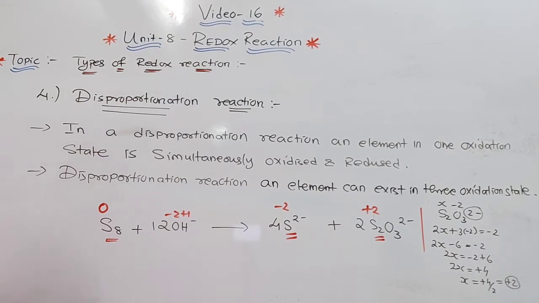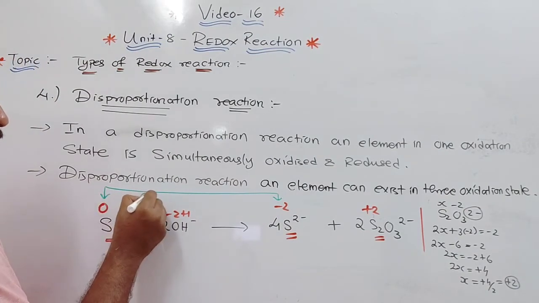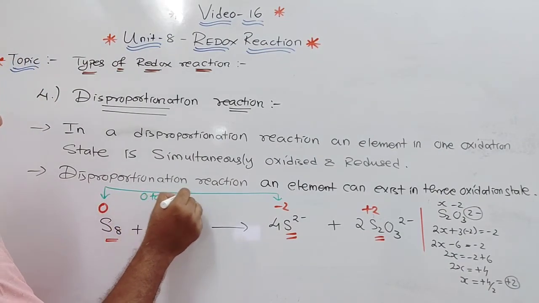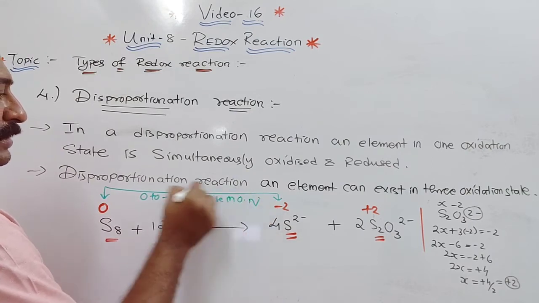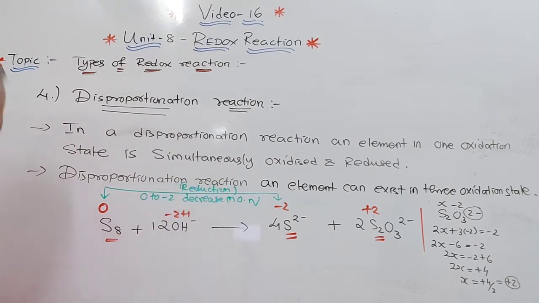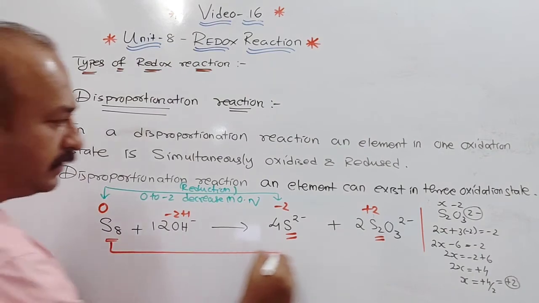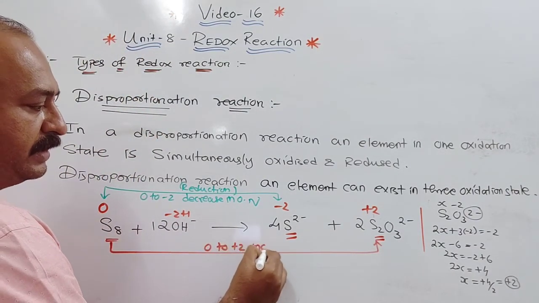So plus 2 here. Now if you see in this case, sulfur from here to here is 0 to minus 2, therefore decrease in oxidation number, therefore reduction. Understood? Now the same thing, from here, with a red pen I will show here, it is 0 to plus 2, which means what?